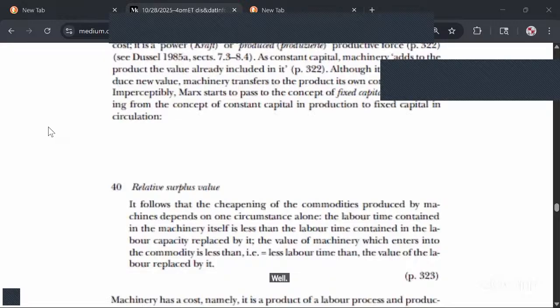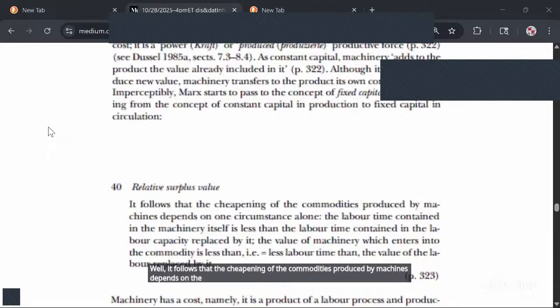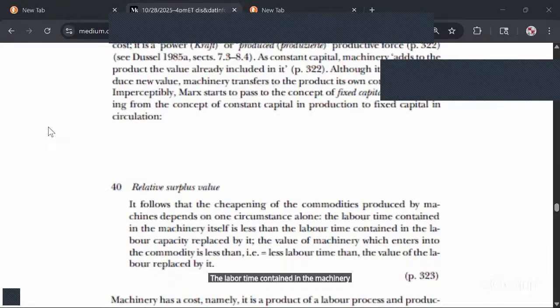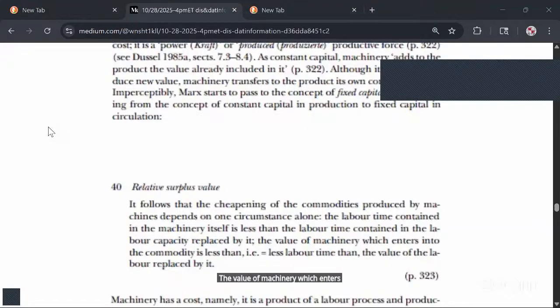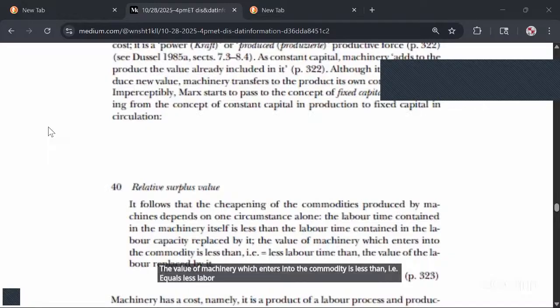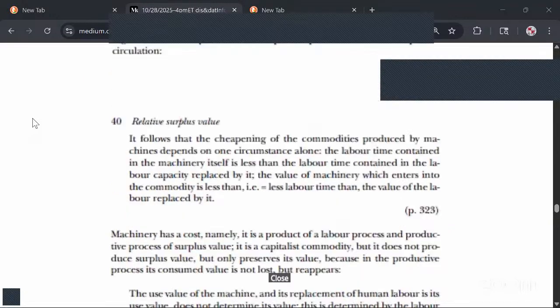Well, it follows that the cheapening of the commodities produced by machines depends on the circumstance alone. The labor time contained in the machinery itself is less than the labor time contained in the labor capacity replaced by it. The value of machinery which enters into the commodity equals less labor time than the value of the labor replaced by it. Close quote.